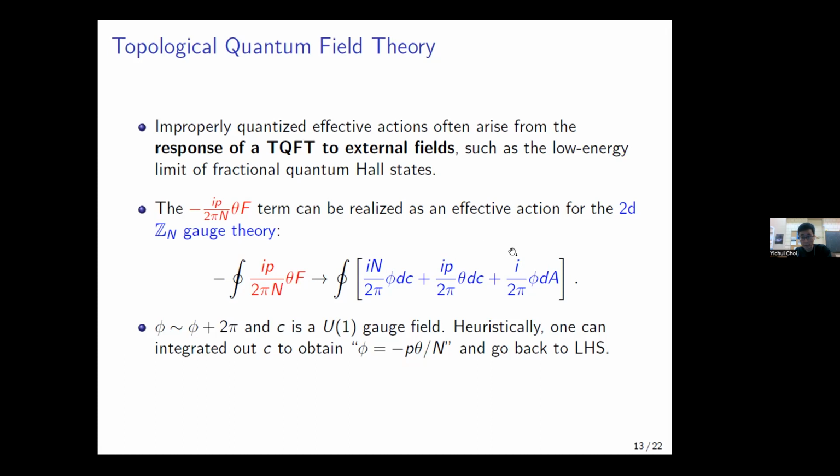All the coefficients are properly quantized. Heuristically, you can go back to the red expression by integrating out this little c gauge field. But the real viewpoint that you should take is that you should forget about this red expression. It's not gauge invariant. This blue expression is really the precise way to express such an improperly quantized response action.